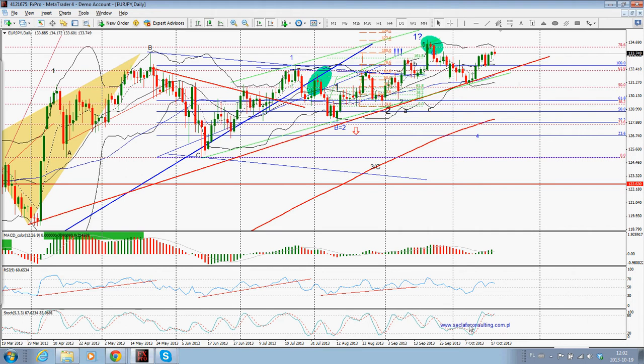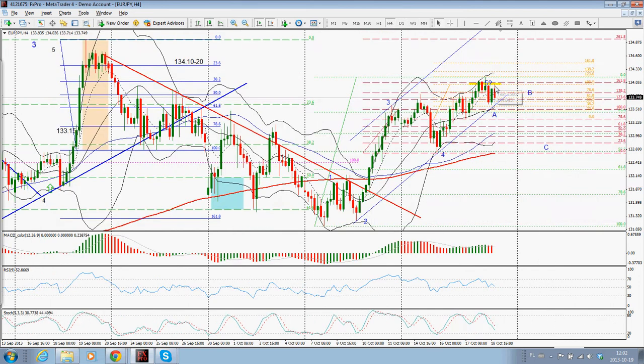So there are chances for the market to go to the upside, and the market may reverse, based on whether this will be a typical correction for the second wave. If this will be the case, I will go to the upside.